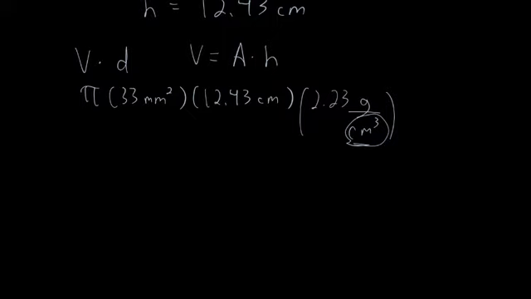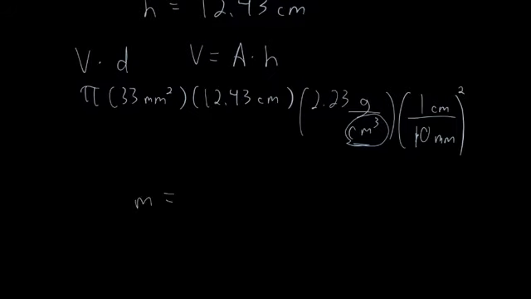Our conversion would be centimeters on top and millimeters on bottom. For every 10 millimeters, we'd have 1 centimeter. And since our value was millimeters squared, we just square this whole conversion factor. Now we can solve for our mass.